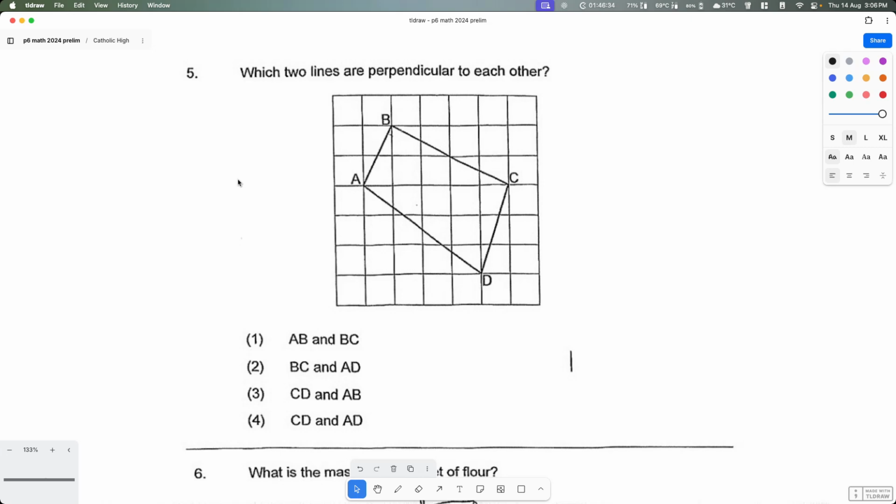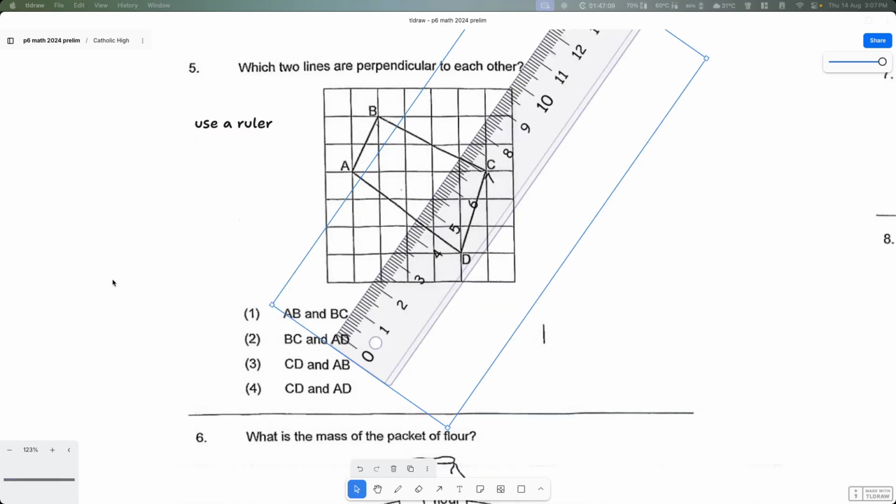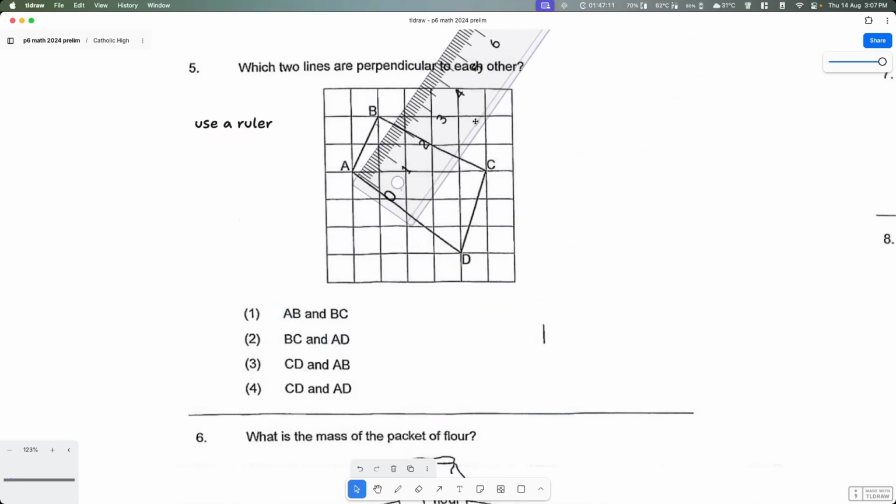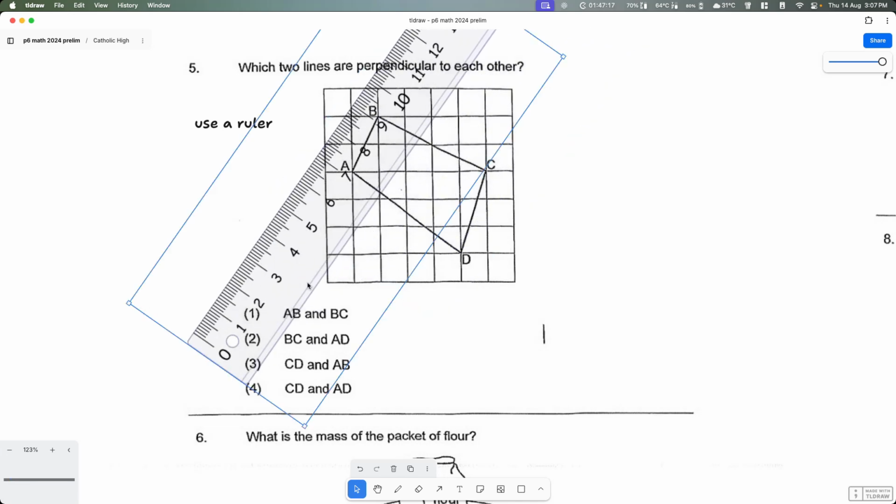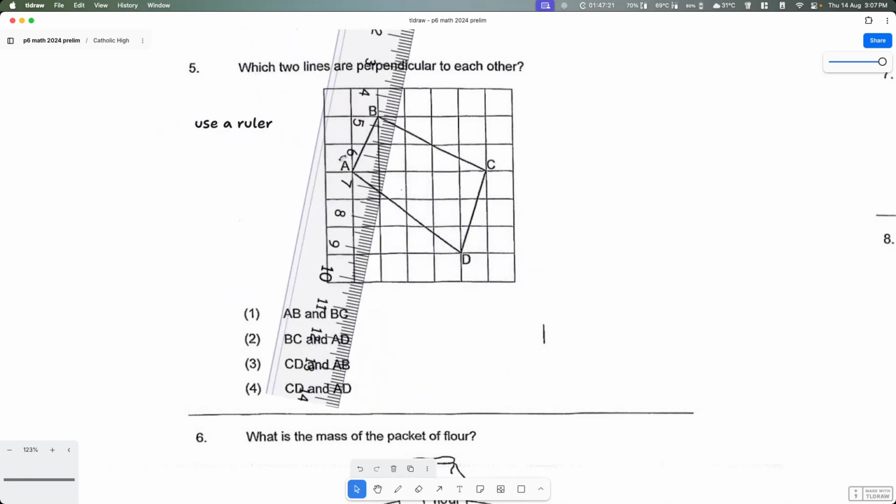I will say use a ruler. Using a ruler you can definitely find which one is the perpendicular line. So over here, AB is not perpendicular. Let me put this on the other side. I shortened this ruler so it's easier.